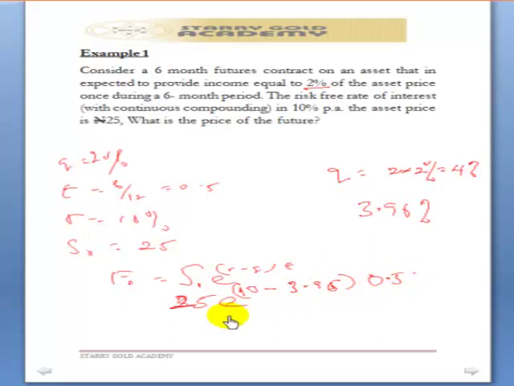So when you press it the way I explained to you, that is 10 minus 3.96 multiplied by 0.5, you get that value. You press exponential of that, multiply by 25, and it gives us 25.77. So that is the theoretical price of the asset that pays a known yield.